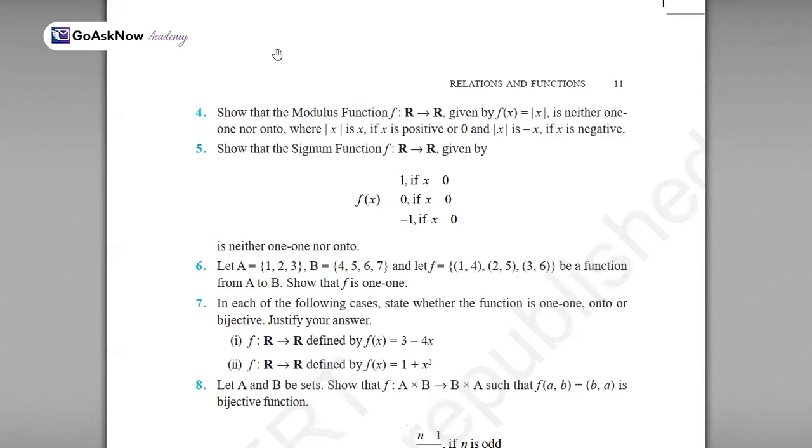Its graph for real numbers is a V-type graph on the x-axis and y-axis. If you draw any line parallel to the x-axis, it will cut at 2 points. So this is not a one-one function, as per the condition I told you.